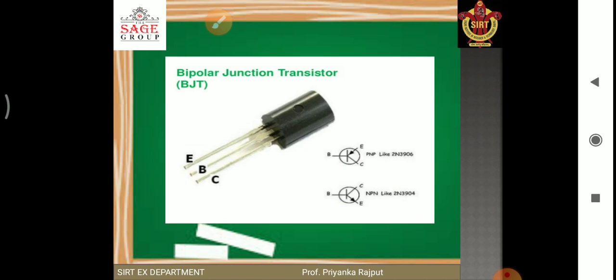Now, the bipolar junction transistor, BJT. This is the symbol of BJT. It is a three-terminal device: emitter, base and collector.